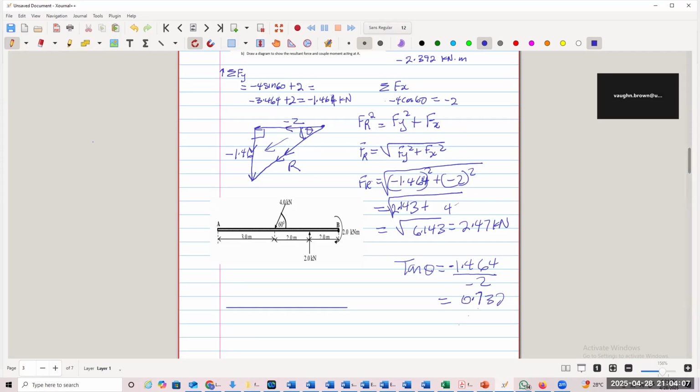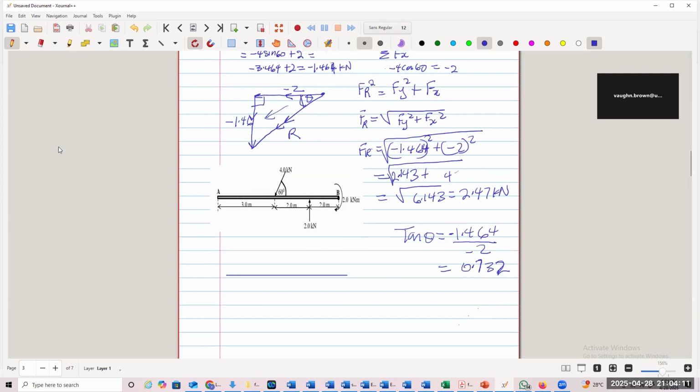And what is the tan inverse of that? Give me the tan inverse because I need the angle. So 36.